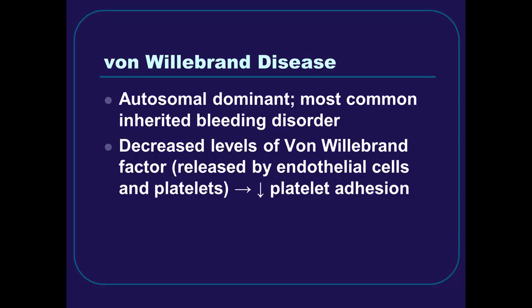We also know that, as we talked about just a few seconds ago, von Willebrand factor also helps stabilize factor VIII. But the disorder here is a genetic defect in which they do not have sufficient levels of von Willebrand factor. Now, how is this different from TTP?